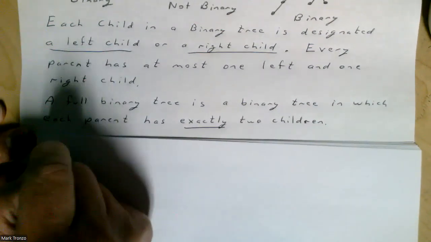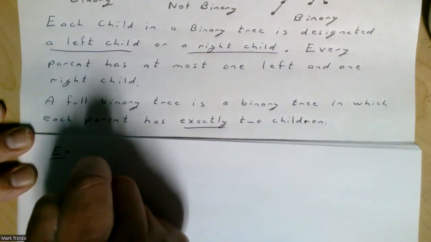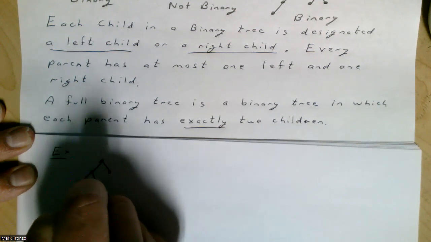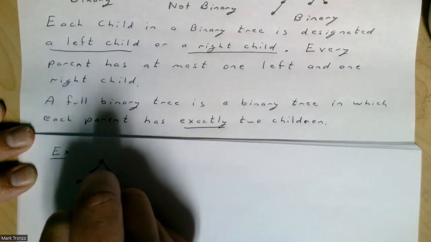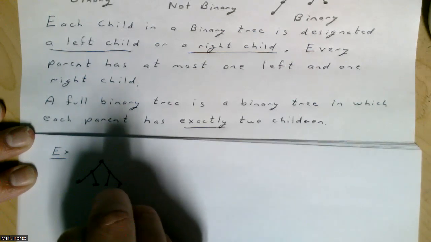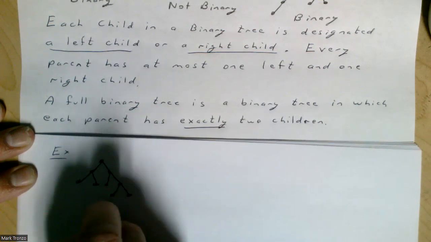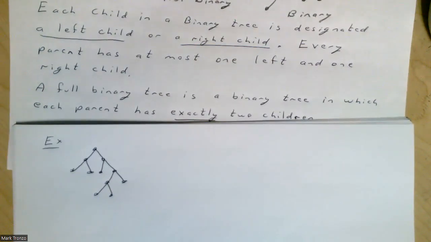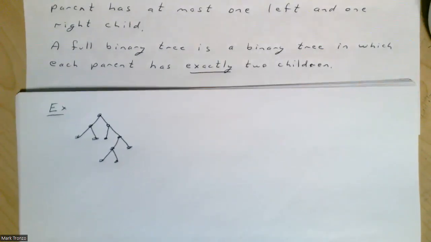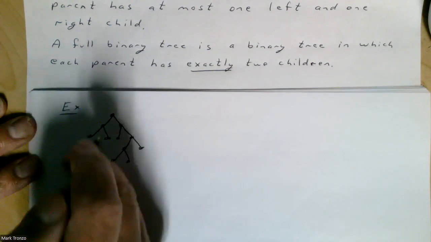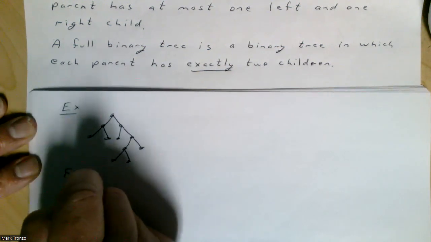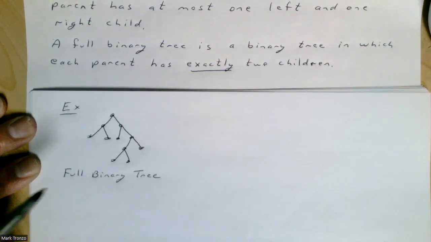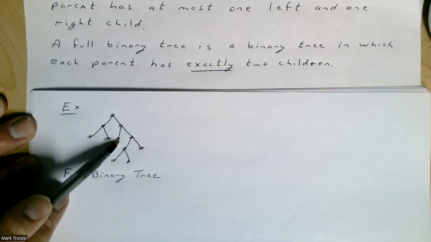So once again, some examples here. So again, full binary tree. You can see this one's full binary tree because each parent has exactly 2 children.